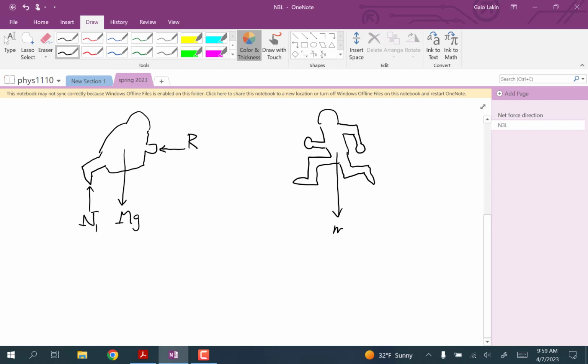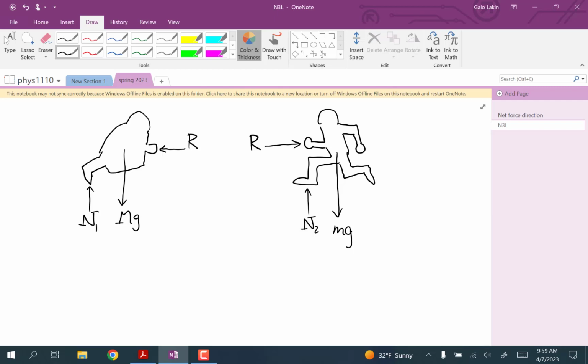So there's a weight force. That's the smaller mass, little m, times g. And there's a normal force from the ground. I'll call that N2. And now for our purposes, the thing that's important is this contact force, the force applied by the bigger player. And that force has the same magnitude R. That's the thing that's hard to wrap your head around.